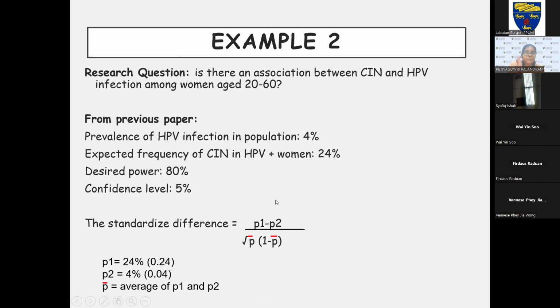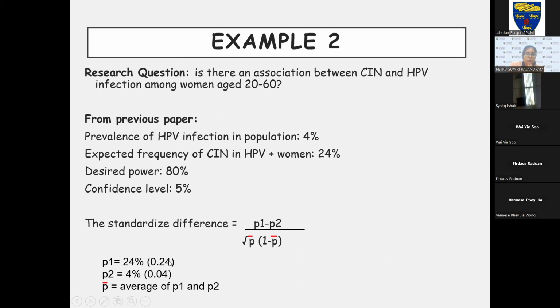That's one example. Now remember, that was an example of two means. What happens when you are dealing with percentages? You want 80% power, and your alpha error allowed is 5. So how do you do it? This is the formula for it.